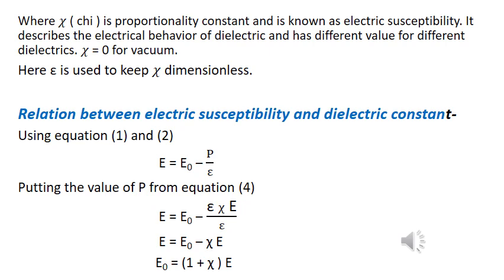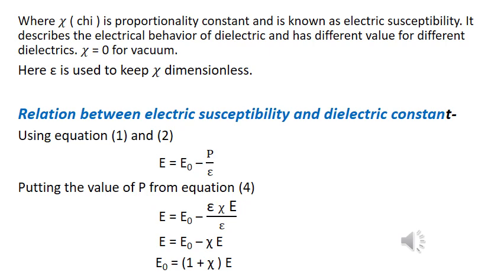Next topic is the relation between electric susceptibility and dielectric constant. Here, by using equations number 1 and 2, we can write E is equal to E naught minus P by epsilon naught. So, by putting the value of P, we get E is equal to E naught minus epsilon chi E by epsilon.